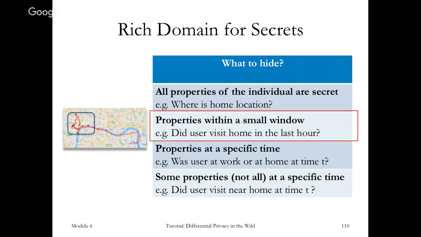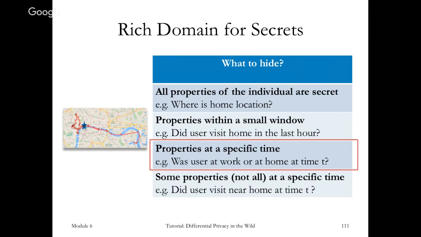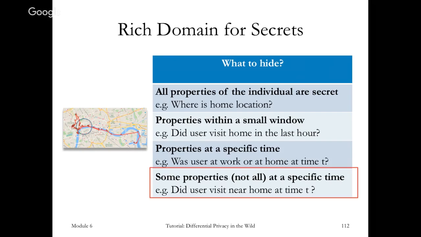Next, you can just protect the properties of a specific time rather than a window. For instance, whether this person is at workplace or home at a particular time T. And lastly, you can just protect certain properties at that point of time, not necessarily all the properties. For instance, did the user visit someplace near home at time T, but it doesn't have to protect whether he's far away from home.